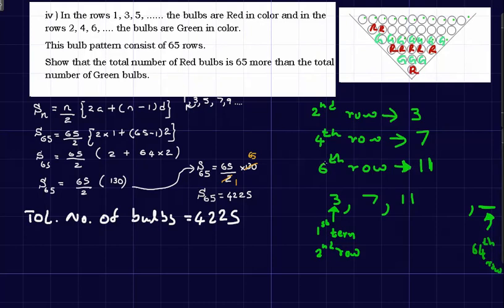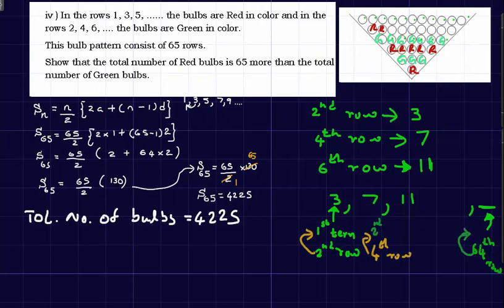So we have to figure out 64 is which even number, because the second row number of bulbs is represented by the first term, and the fourth row bulbs are represented by the second term of the green color sequence. So 64th row bulbs will be represented by which term of the green color sequence?